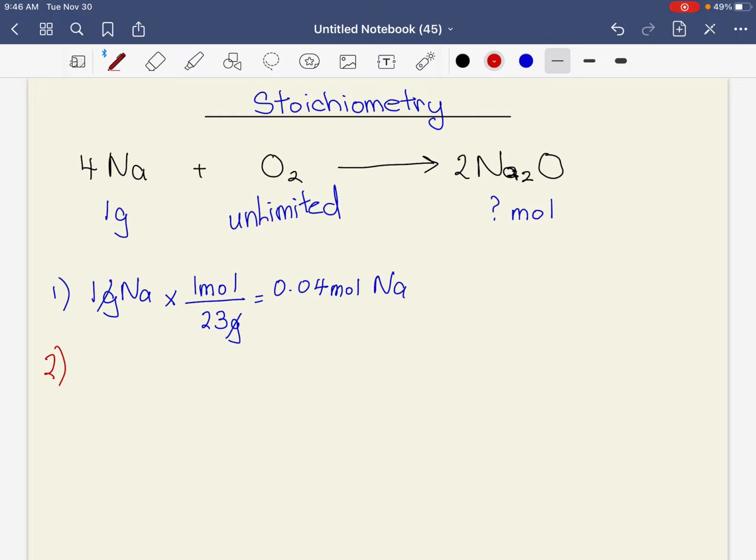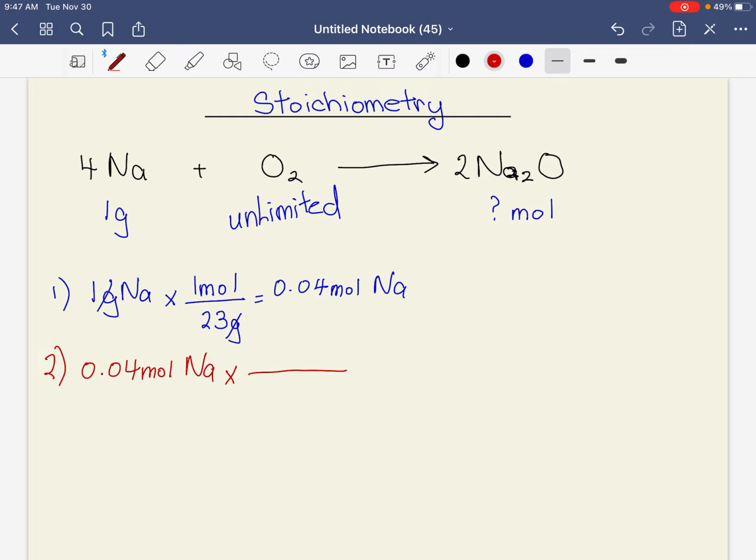So let's do this factor-label method style. You have 0.04 mole of Na, and you're going to multiply that by a fraction where moles of Na cancels out and what you have at the end is moles of Na2O, which is what you want.